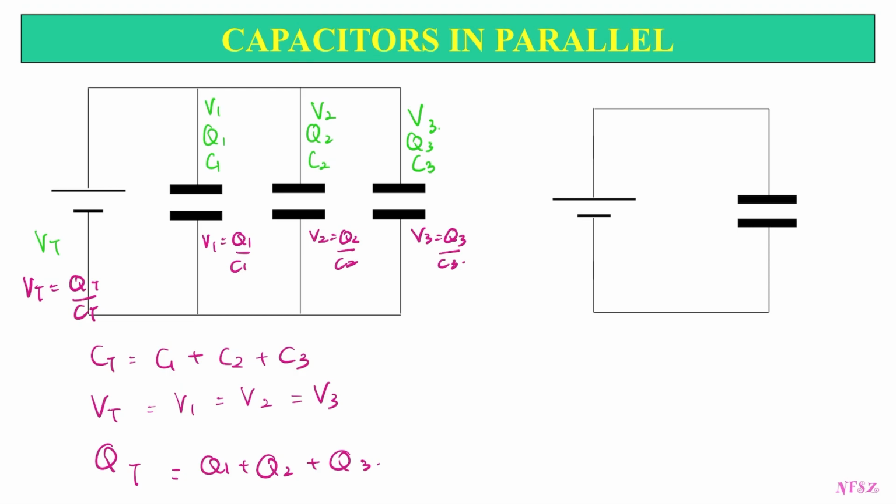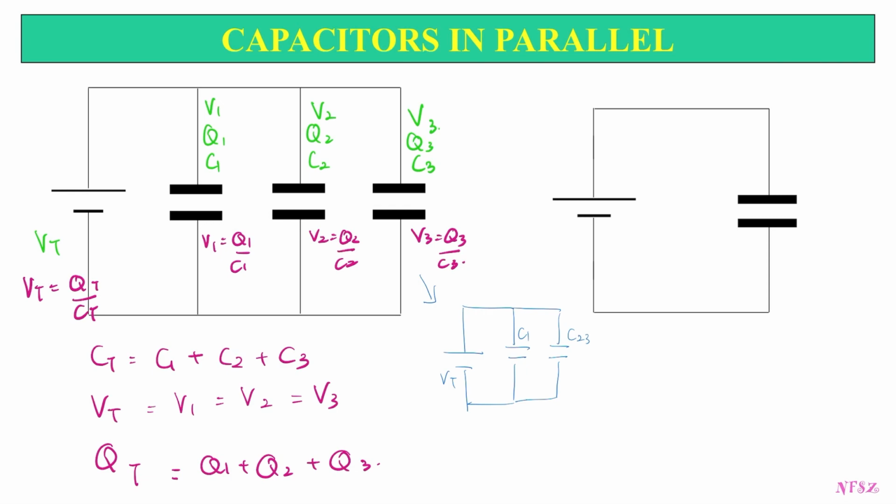Selalunya kalau ada soalan macam ni, you can simplifykan circuit awak dahulu. Buat satu-satu. Kalau kita nak solve, ni adalah V total, ni adalah C1, ni adalah C2, C3.